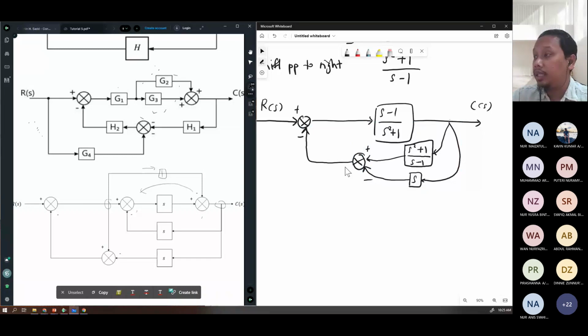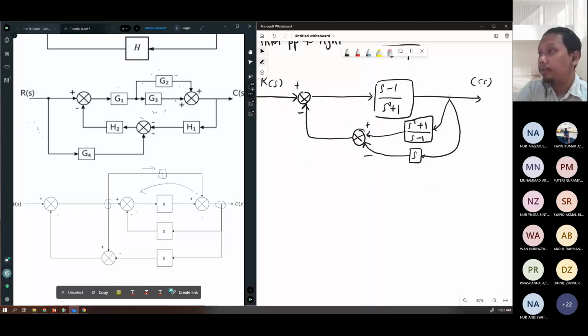So let's make this positive so that later on, when it combines with this, we want this to be negative. So negative times positive becomes negative. Okay. So parallel. So we have s squared plus 1 over s minus 1 minus s, sorry.